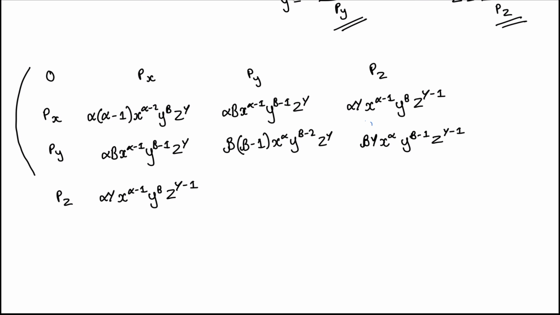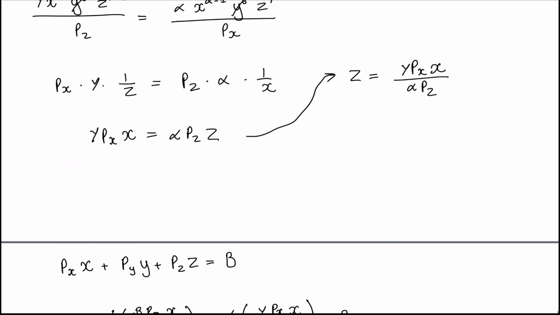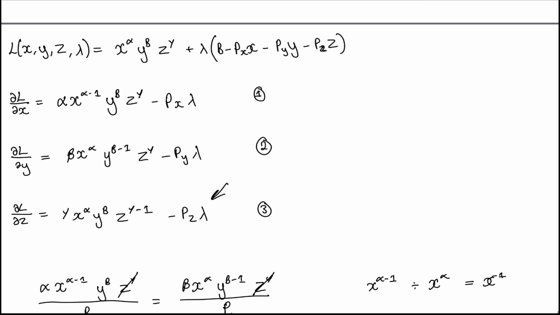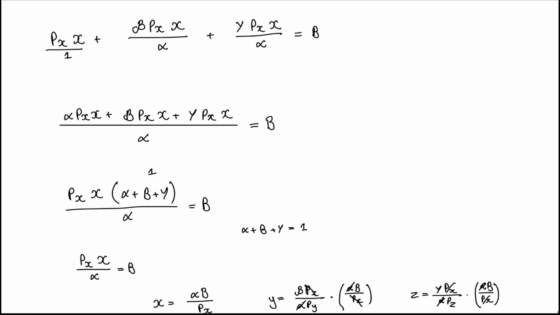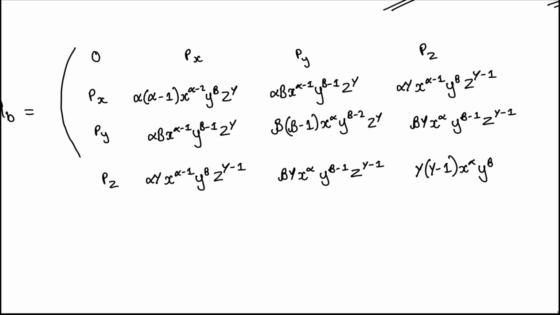And again, by symmetry, this is going to be the same over here. And so all we have to do now is differentiate this with respect to z. And so we get gamma, gamma minus 1, x to the power of alpha, y to the power of beta, and then z to the power of gamma minus 2.